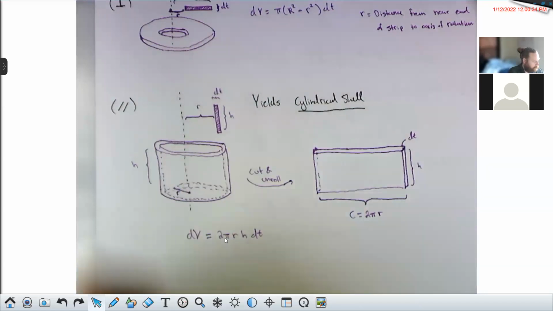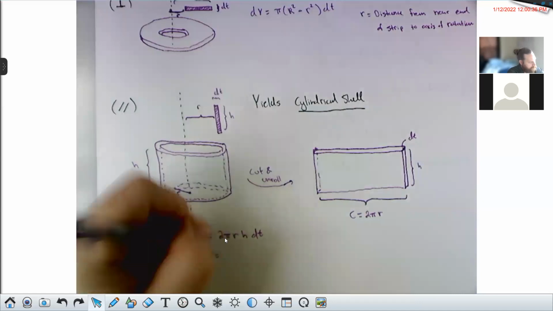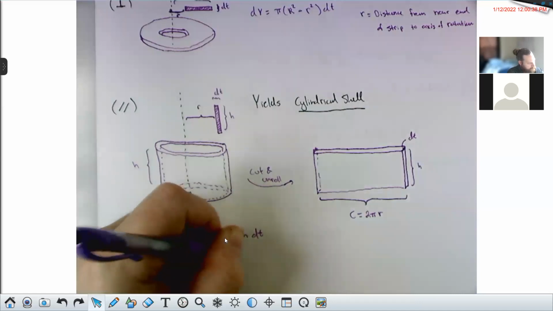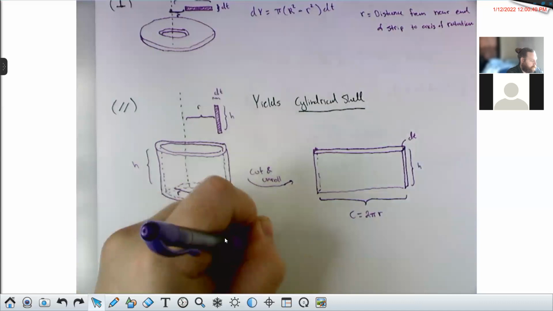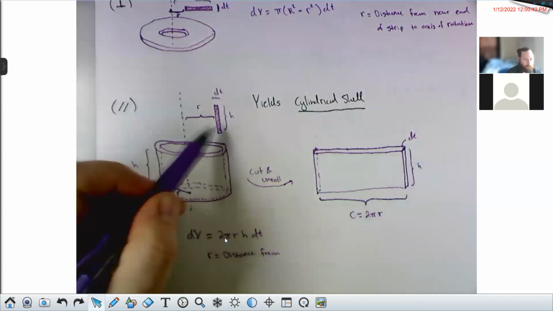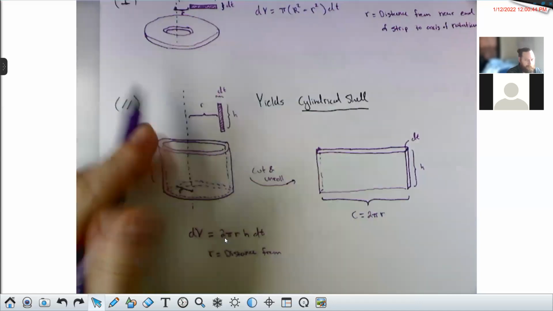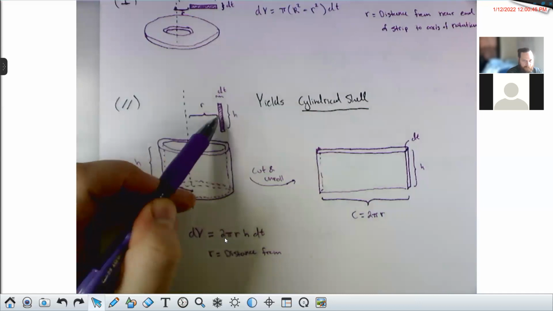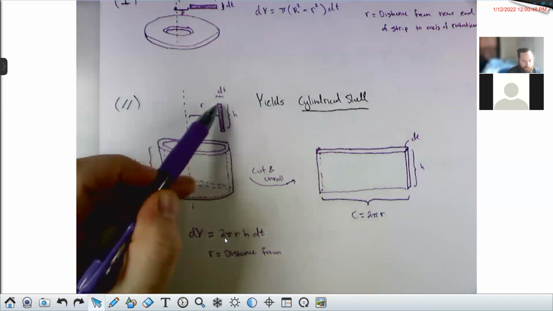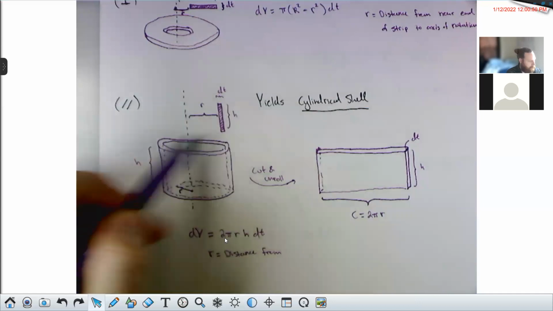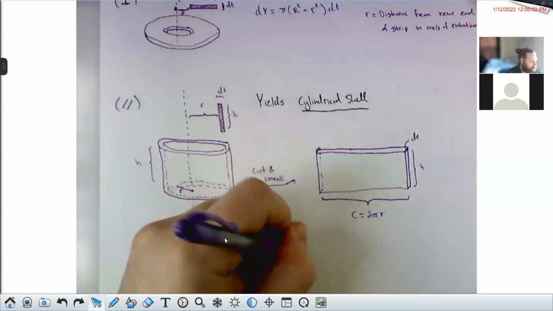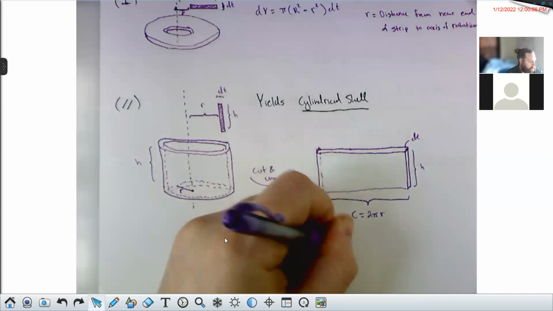And here, r is the distance from the strip. And there is no near end or far end, right? This strip is thought of as being infinitely narrow. So it's just the distance from the strip. The top is the same distance from the axis of rotation as the bottom. Distance from the strip to the axis of rotation.